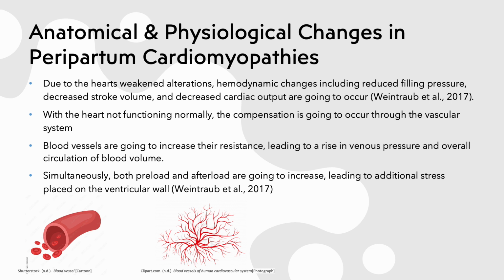As that's occurring, we're also going to notice a simultaneous increase in both preload and afterload, and then that additionally plays into the peripartum cardiomyopathy by placing more stress on the ventricular wall.